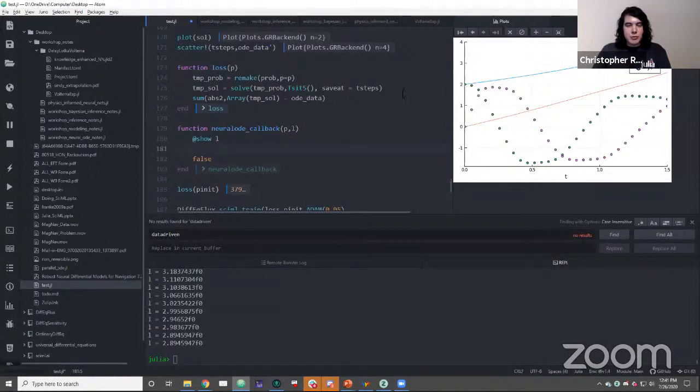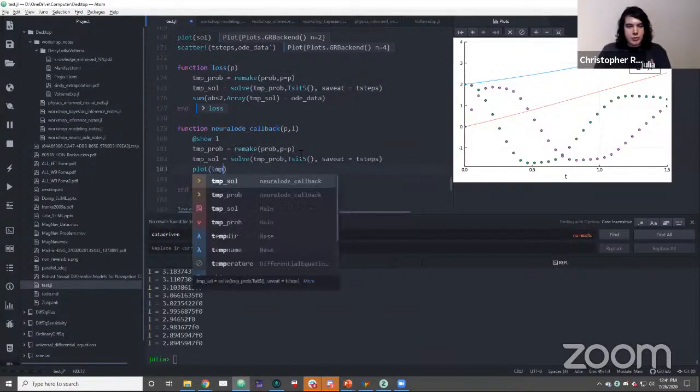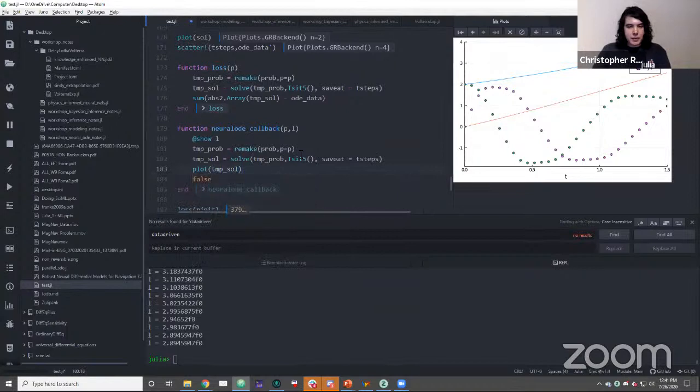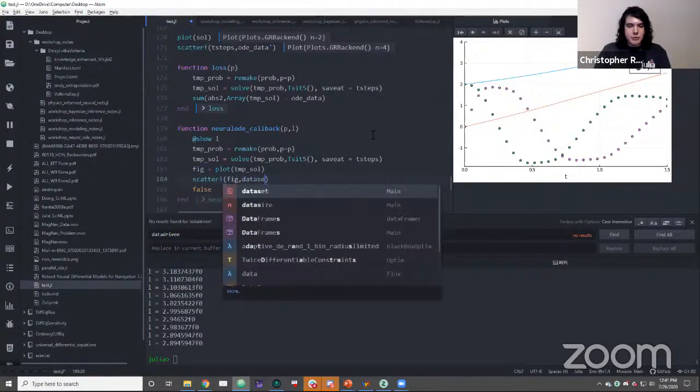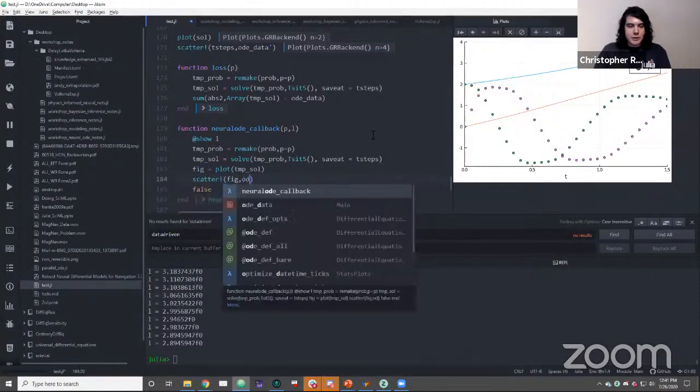So we can, for example, I'm just going to quickly here, make a new plot of the temporary solution. And then I'm going to do a scatter of the data. And so here I'm going to do my figure equals this. I'm going to add to the figure, and then I'm going to do my ODE data.